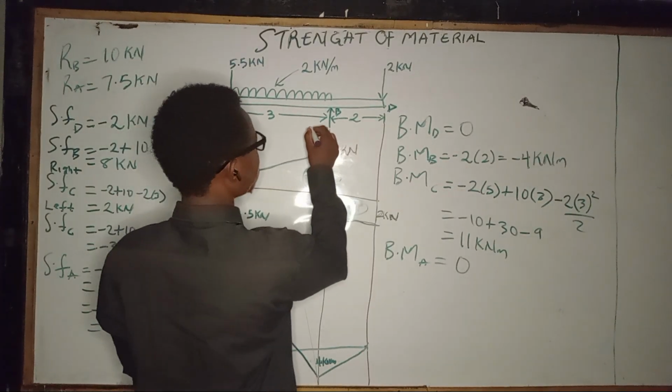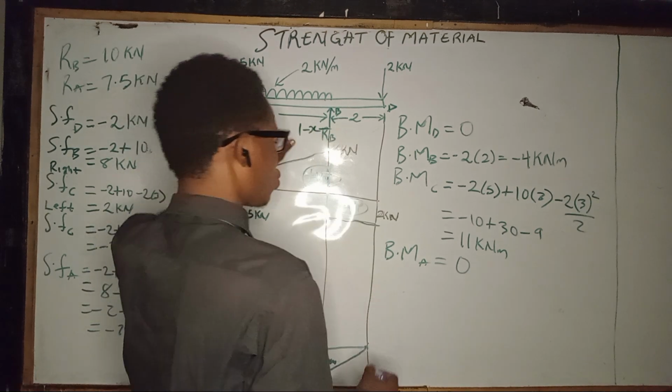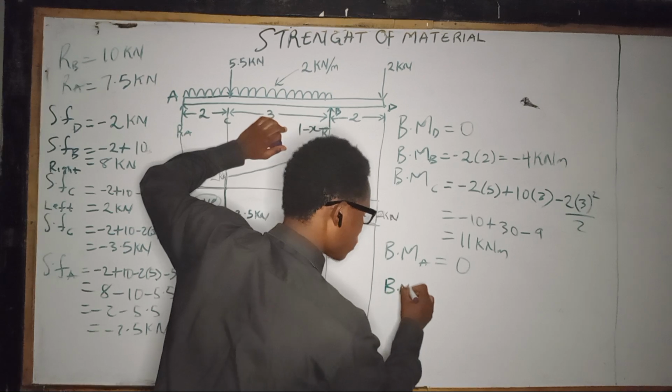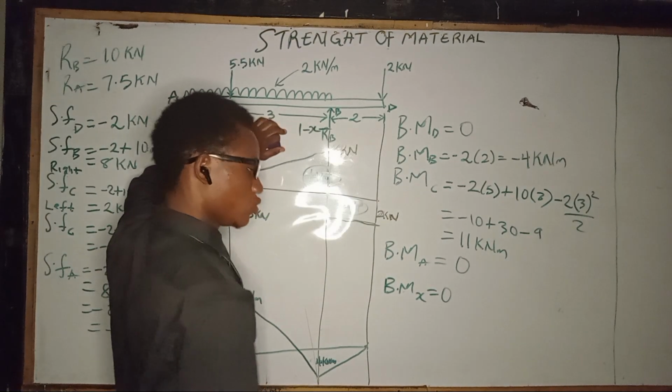We can find it, let's say there is a distance x from here. The bending moment at x is equal to 0 at that point.